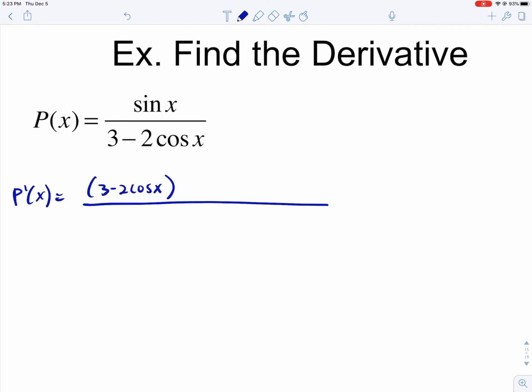So the derivative of the numerator would just be cosine, minus the numerator times the derivative of the denominator, which is actually going to be 2 times sine of x. And then all over the denominator squared.